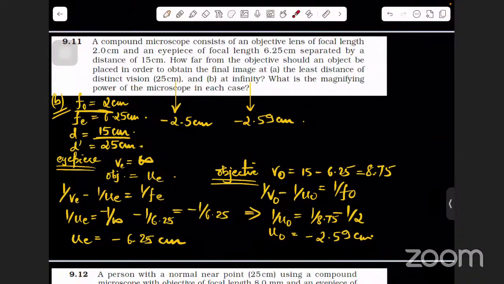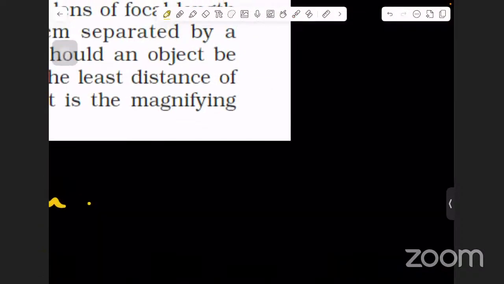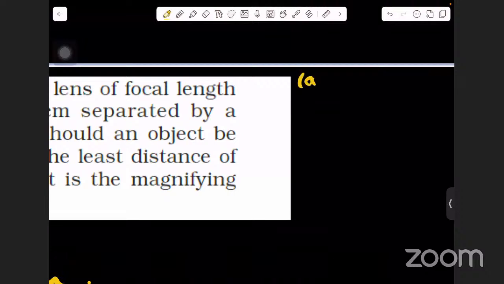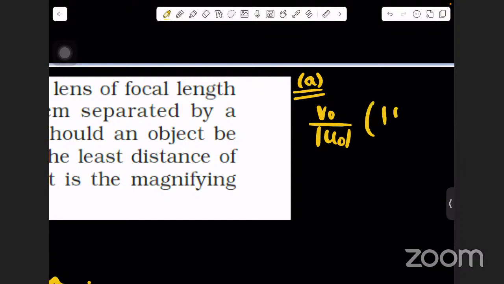And the question again says, what is the magnifying power of the microscope in each case? So for the first case, when it's formed at the near point, remember the formula for the magnification: VO upon mod UO into 1 plus D by FE.